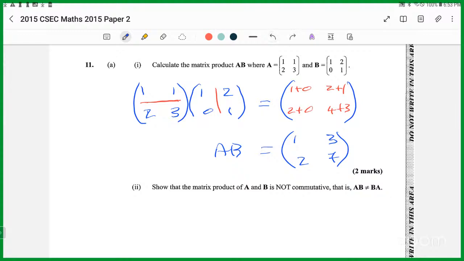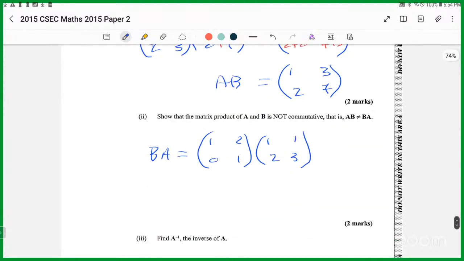Because we already know what AB is, to show it we need to just calculate, or at least start to calculate BA. So let's start calculating BA, knowing that AB is this. BA will be B, which is 1201, in front of A, which is 1123.